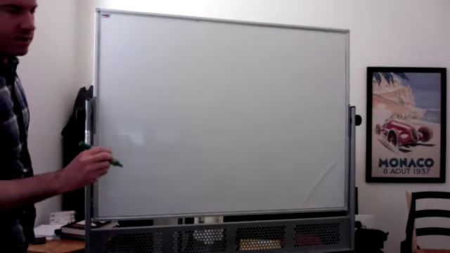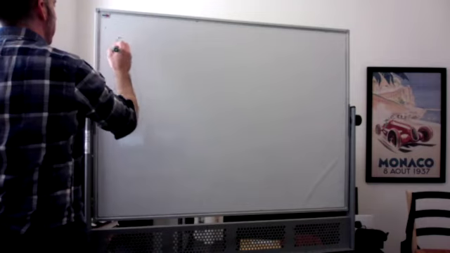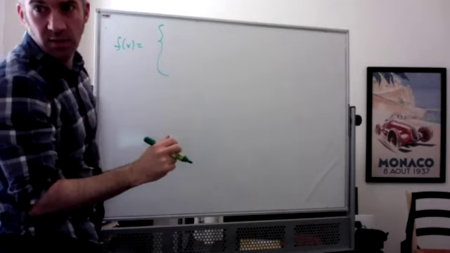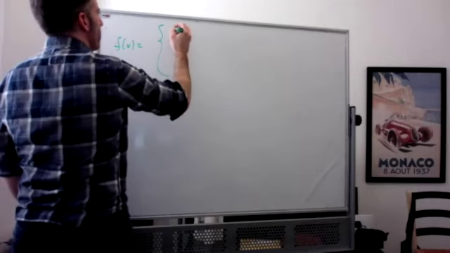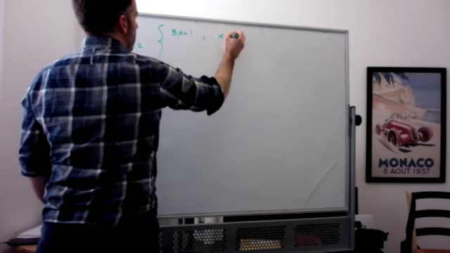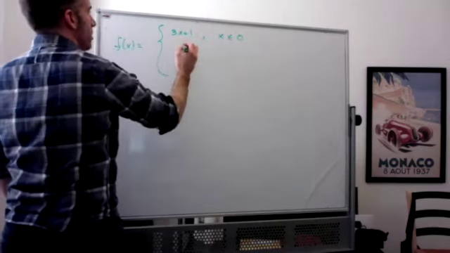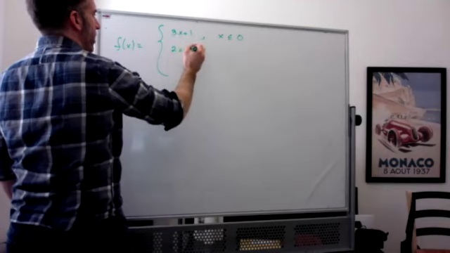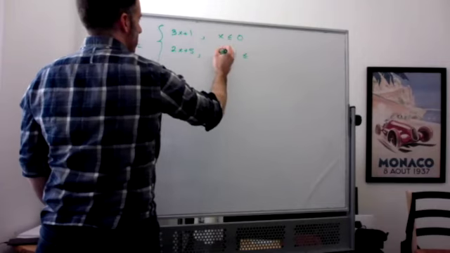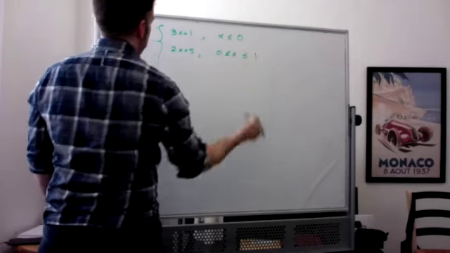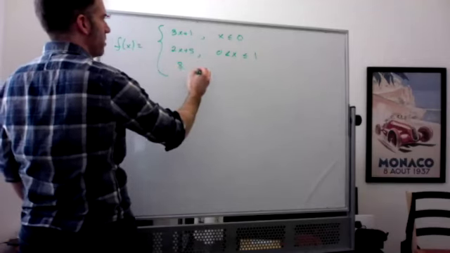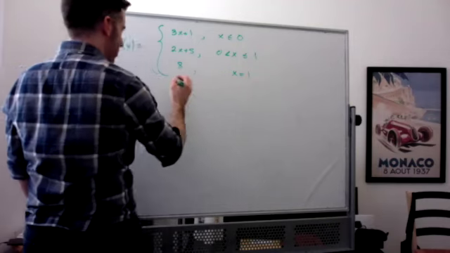So let's look at this function. Okay, f of x equal to the piecewise function. 3x plus 1 when x is less than or equal to 0. 2x plus 5 when x is between 0 and 1. 8 when x is equal to 1.